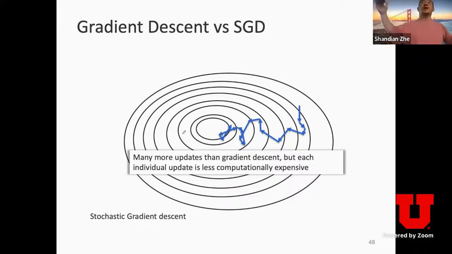Maybe you start with gradient descent and arrive at this local minimum, but if you start from the same place with stochastic gradient descent, it might arrive at a different local minimum.